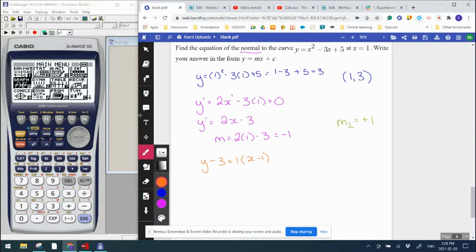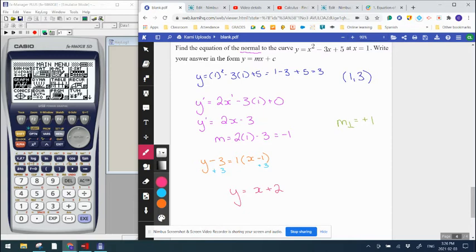So this is the slope point form. It tells us our slope, tells us our point. Always best to start in this form and then change to whatever they want you to. So they want us to change to y equals mx plus c. Well, because there's just a 1 up front, really the only thing we need to do is add this 3 to both sides. So we get a final answer of y equals x plus 2.